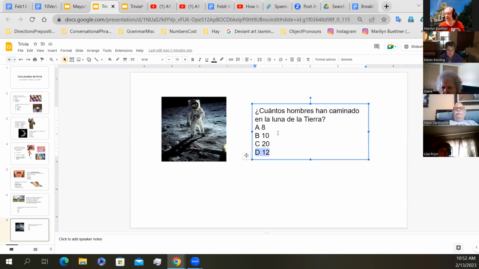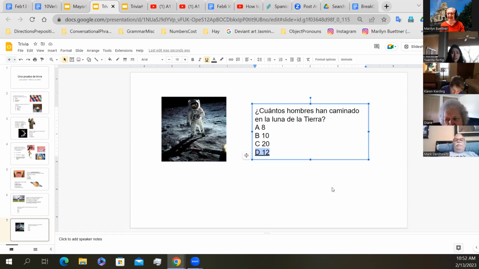Son 12. Sí, 12 hombres han caminado, have walked, han caminado en la luna de la tierra. Sí, exacto. Bien. Who are they? ¿Y quiénes fueron? Wow.